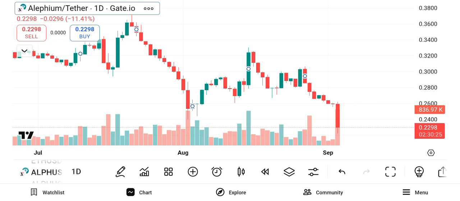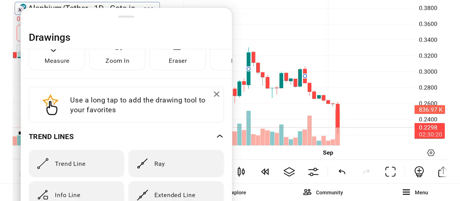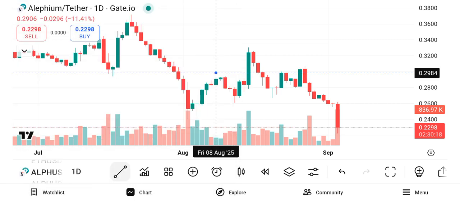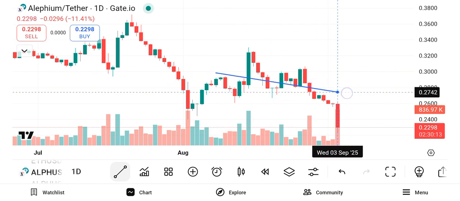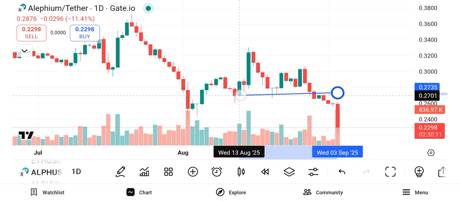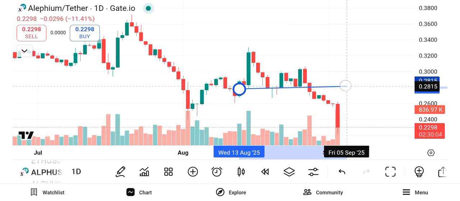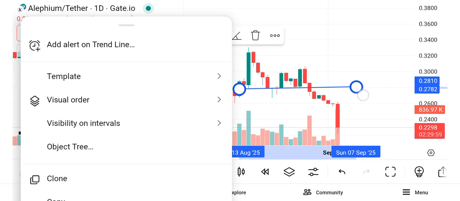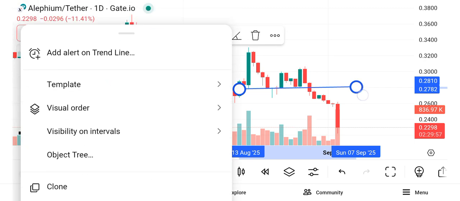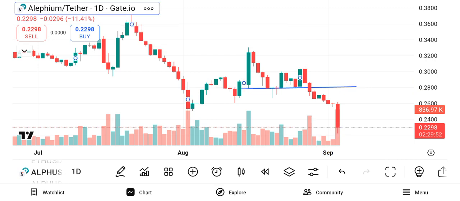There was a very strong support built here. We had a support that was built around here, and that support was broken. We can now see that the price dropped down to 0.2298 at this particular point.